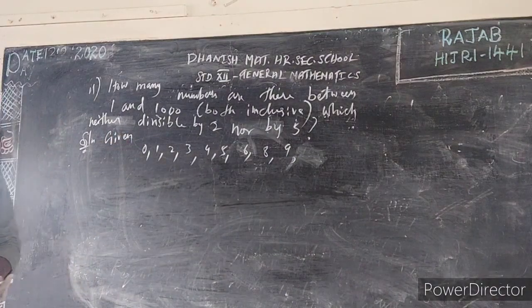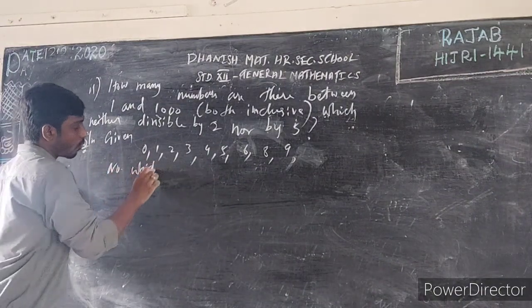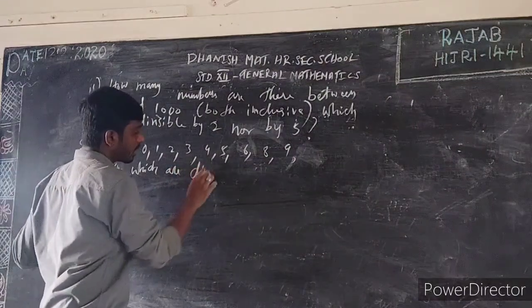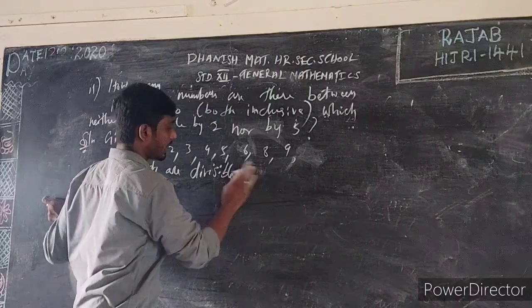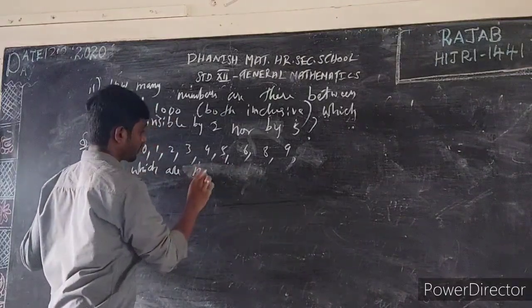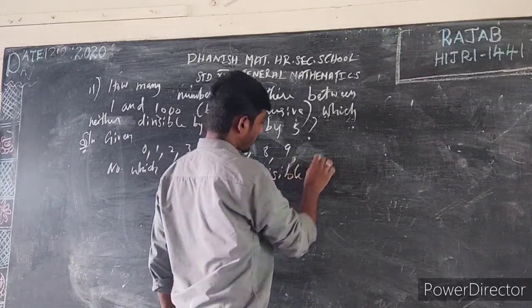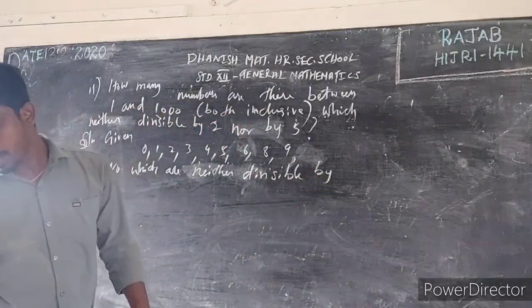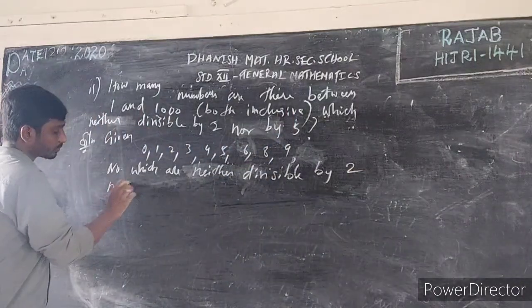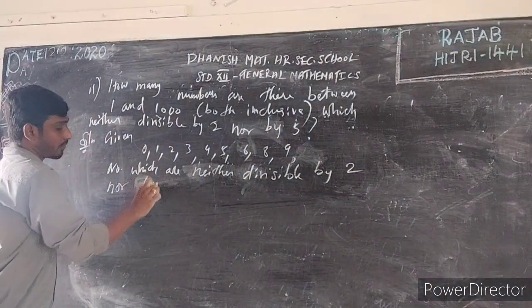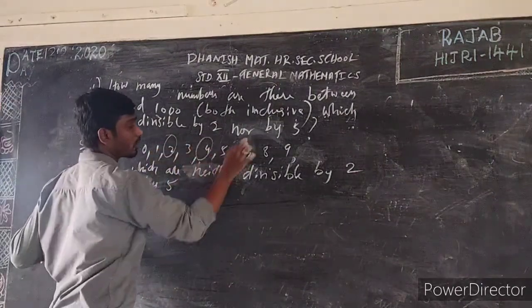Now we take the numbers which are neither divisible by 2 nor by 5. If divisible by 2, the unit digit is 2, 4, 6, 8.